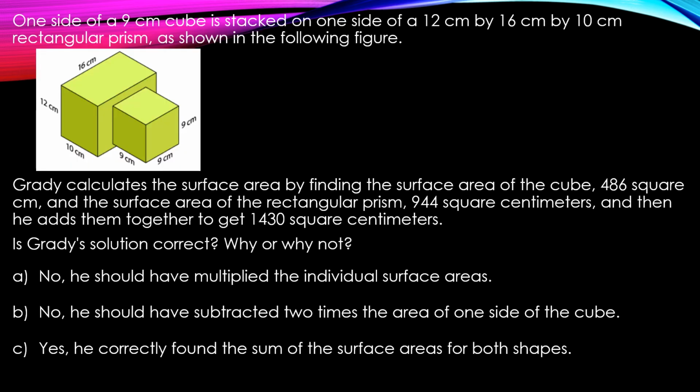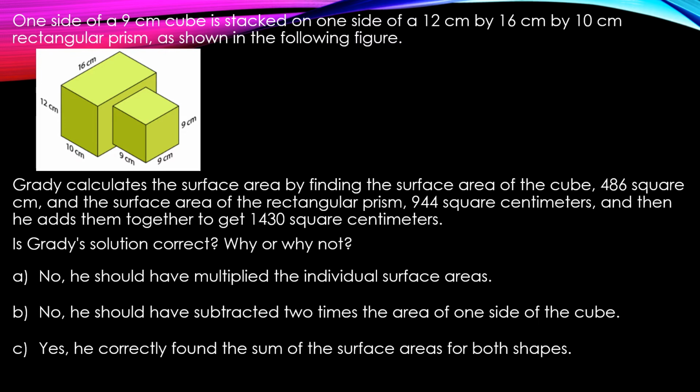Alright, next one. Here we have this figure, and it says that one side of a 9 centimeter cube is stacked on one side by a 12 by 16 by 10 rectangular prism, and we have the figure shown below. Grady calculates the surface area by finding the surface area of the cube, which is 486 square centimeters. Then he finds the surface area of the rectangular prism and then adds them together.